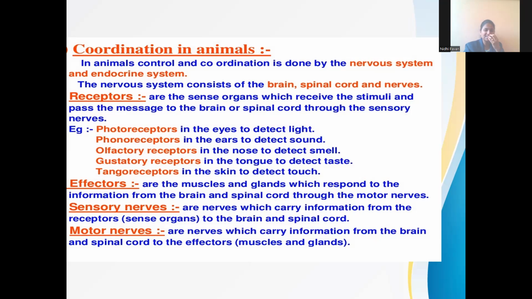The nasal muscles and the hair in the nose try to remove the dust particles from your nose. Those muscles and glands are called effectors, which carry the information from the brain and give the action through the motor nerves.